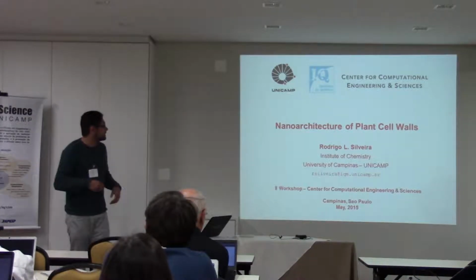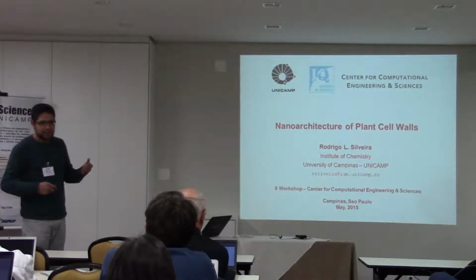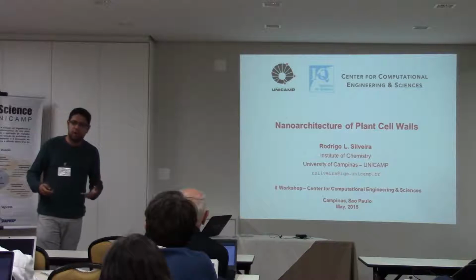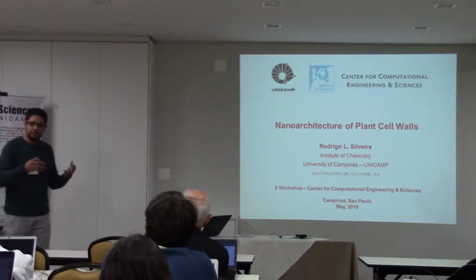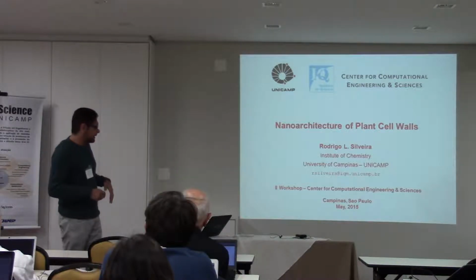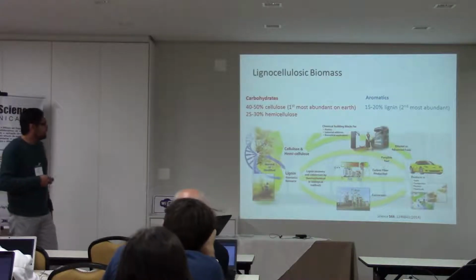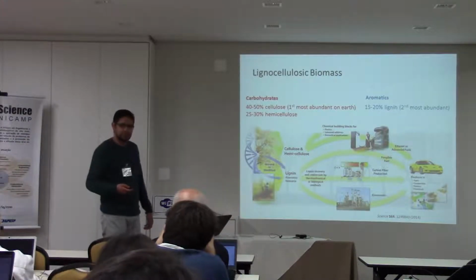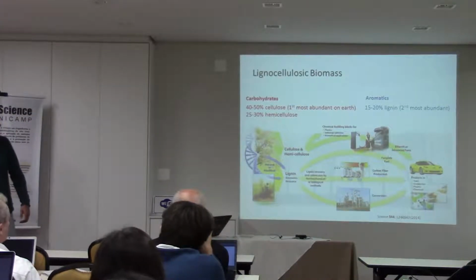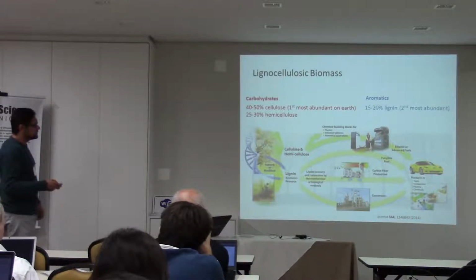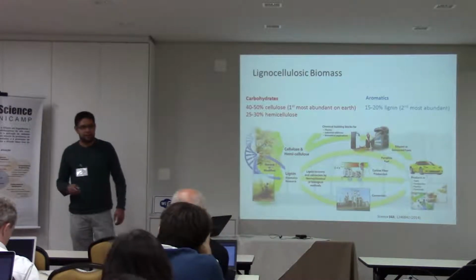And today I'm going to talk about the nanoarchitecture of cell walls. The motivation for that is that the deconstruction of the cell wall is very dependent on how the cell wall is assembled in the plant. We can use the components of the cell wall not only for biofuels, but also for lots of different value-added compounds.